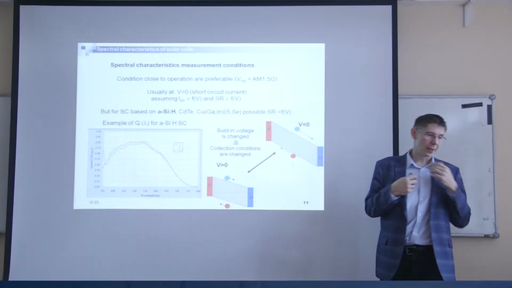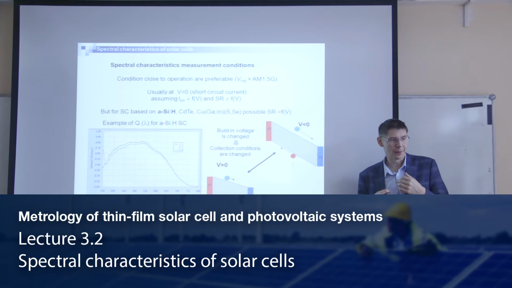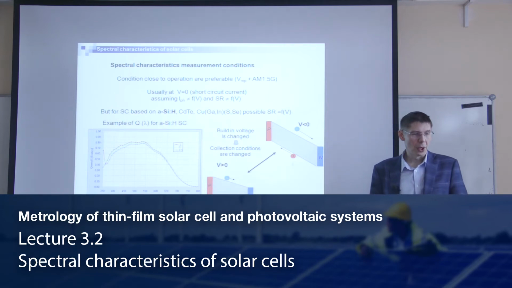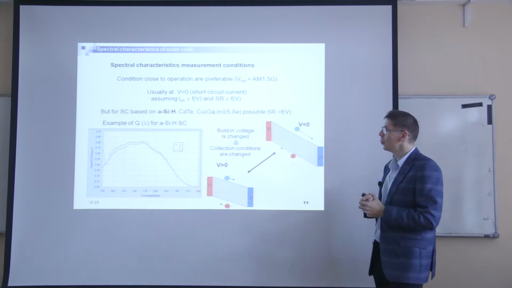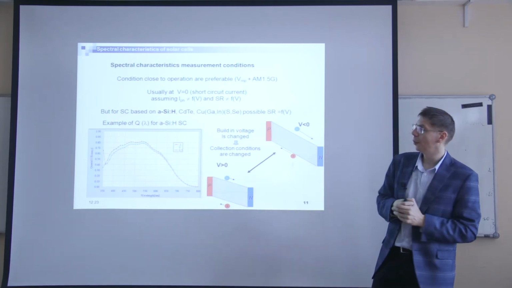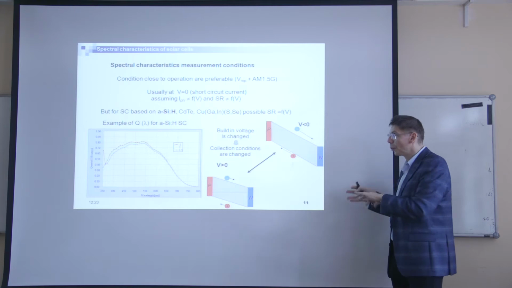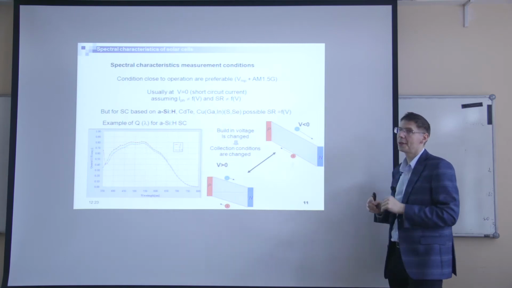Concerning the applied bias, it could be voltage bias. It could be very useful not only to improve the measurement of the multi-junction solar cell.